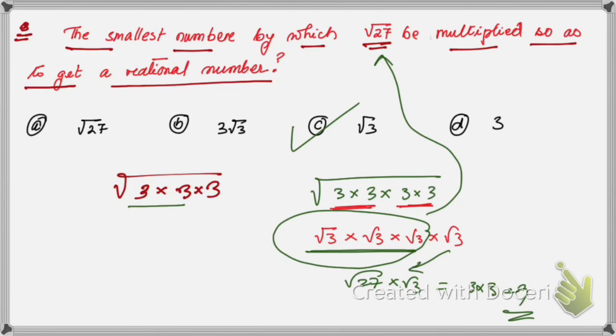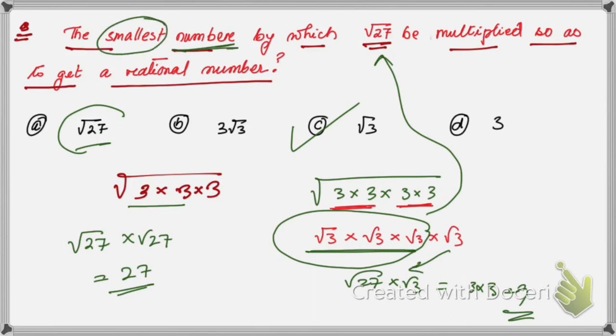Hope you have understood this. With root 27, if you multiply root 27, then also you will get a rational result. But here it is given the smallest number by which root 27 must be multiplied. Out of these 4 options, root 3 is the smallest, so that's going to be the correct answer. Hope you have understood these things. Now let's go to the next.